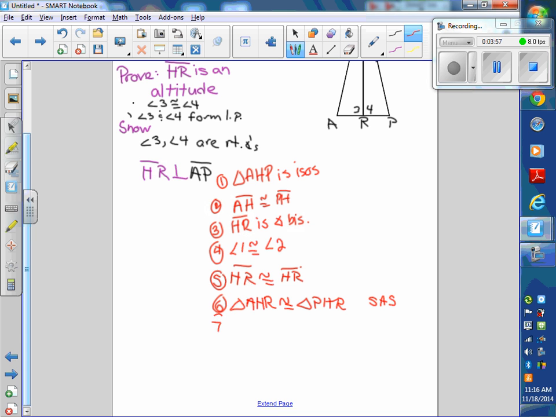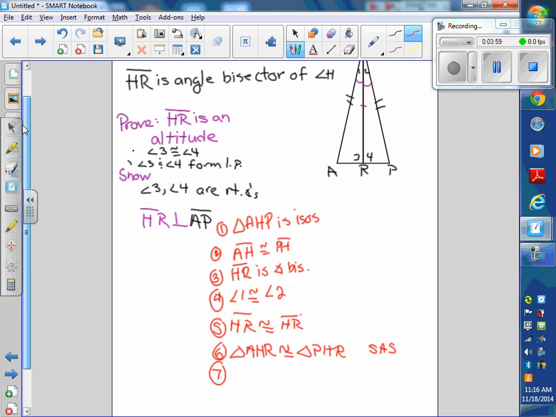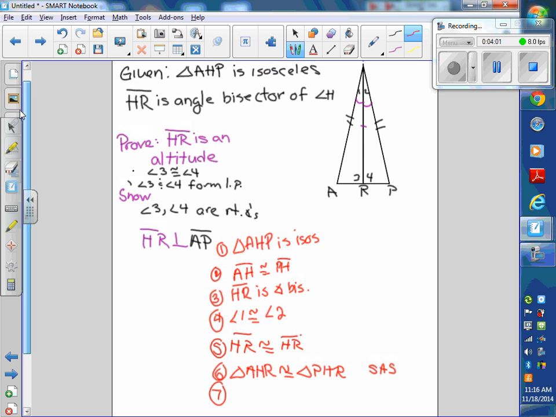So then I'm going to say my parts are congruent. So what parts do I want congruent? Yeah, Lance. Oh, I was going to say, if those triangles are congruent, then you know that angles 3 and 4 are congruent.